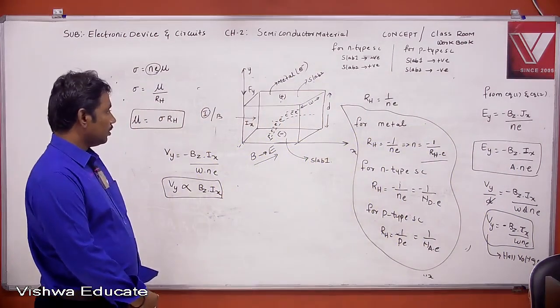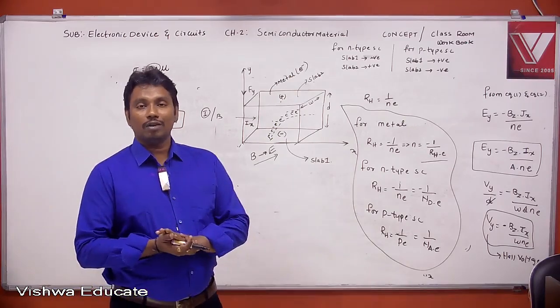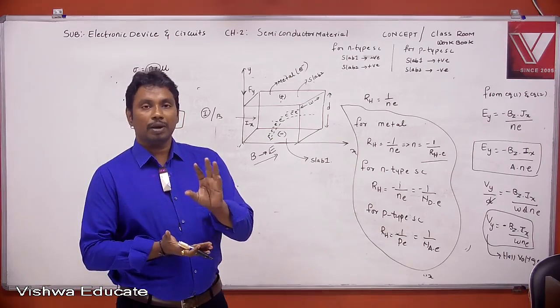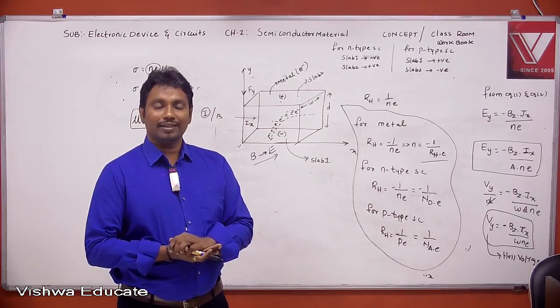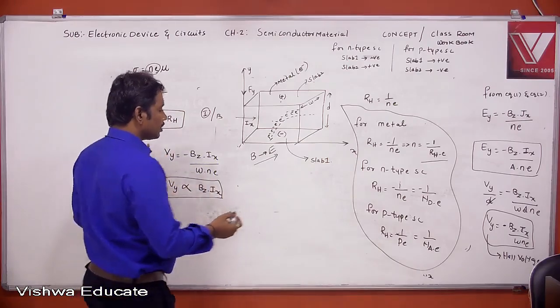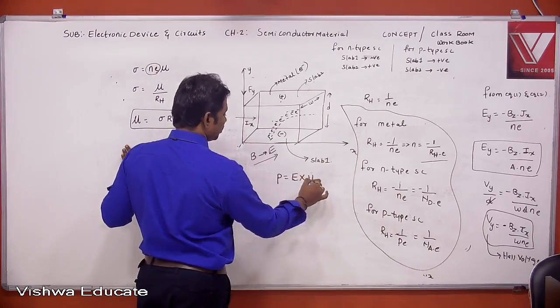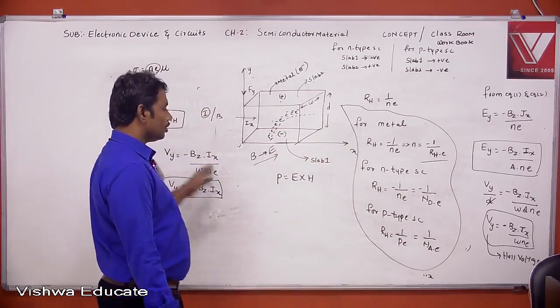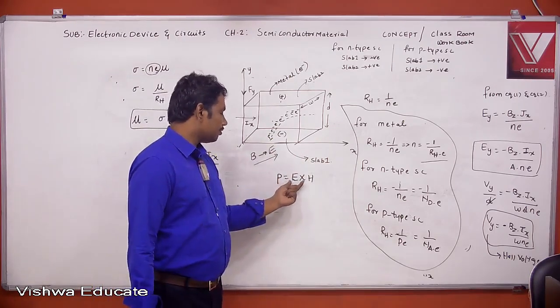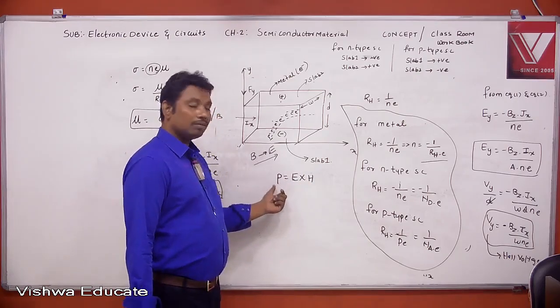Next, and one more application. This Hall effect is used to measure the power of an EM wave signal. EM wave means electromagnetic wave. How to measure the power of an EM wave signal? We know the pointing vector, E cross H. In Hall effect we know the electric field component and the magnetic field component, then we can measure the pointing vector.